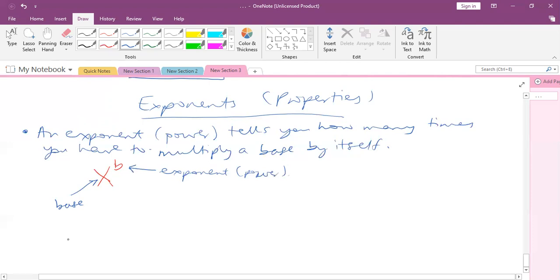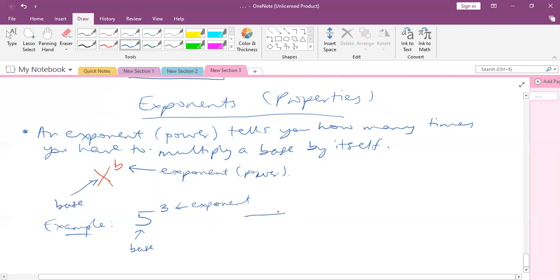Okay, all right. So for example, if I have 5 raised to the power 3, right? So the 5 is the base, and then the 3 is the exponent. So what does this mean?